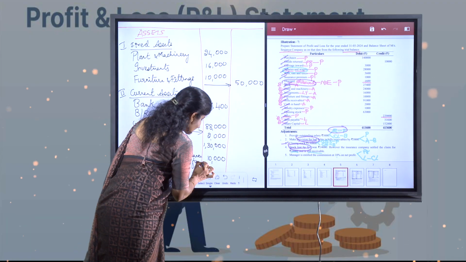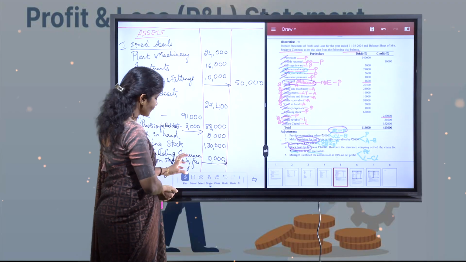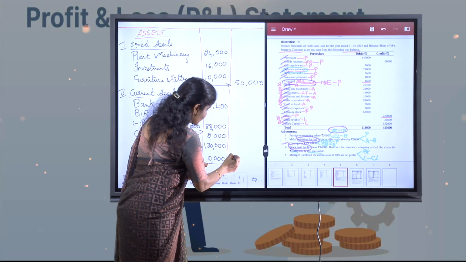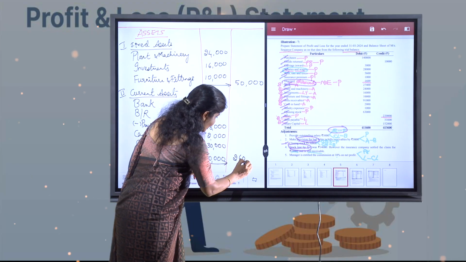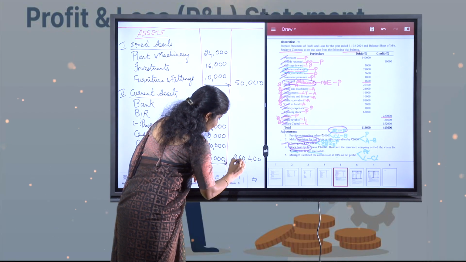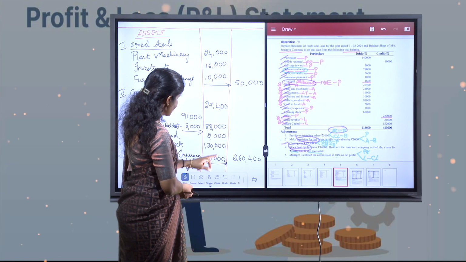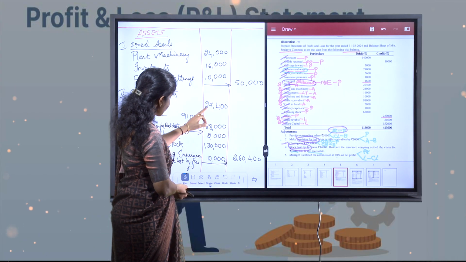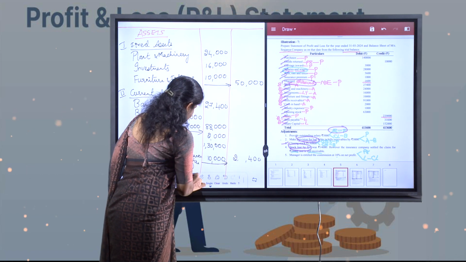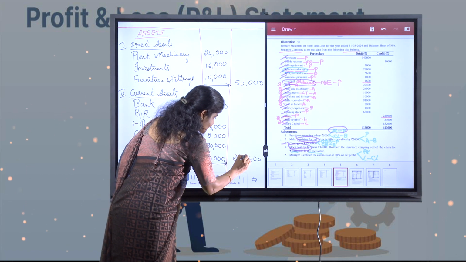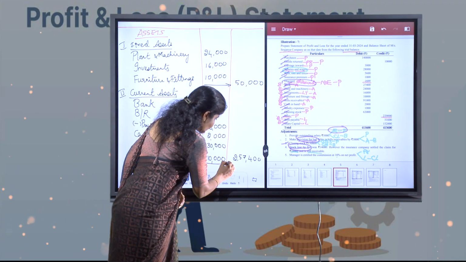Let us take this to the outer column. So what total do you get? The total you get is 2,57,400.